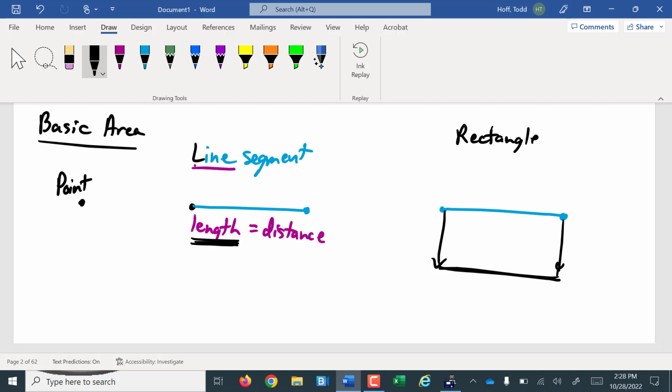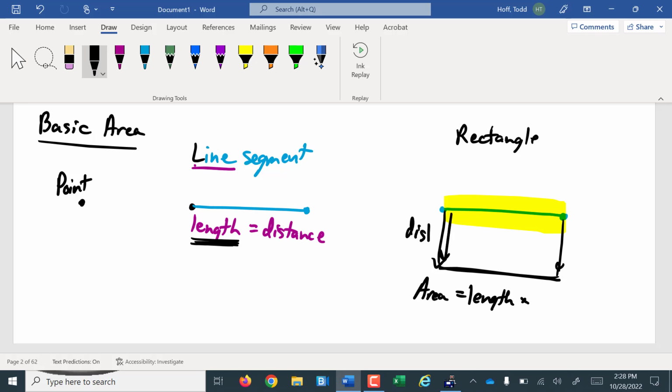But just like the important dimension of the line segment was its length, the important dimension of the rectangle is an area. And the size of that area depends on what the length of the original line segment was, times that distance that we moved.